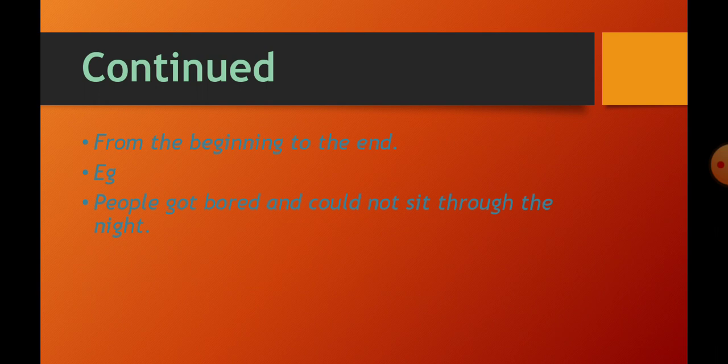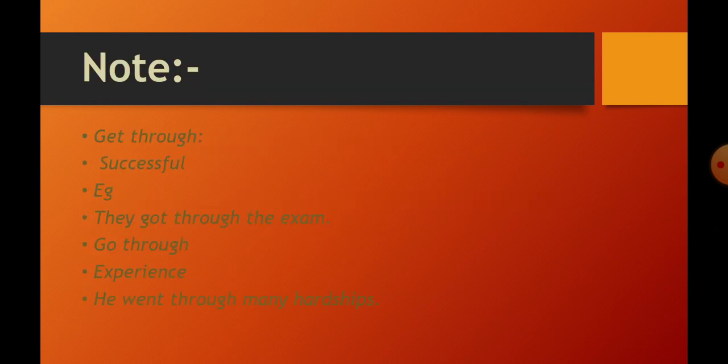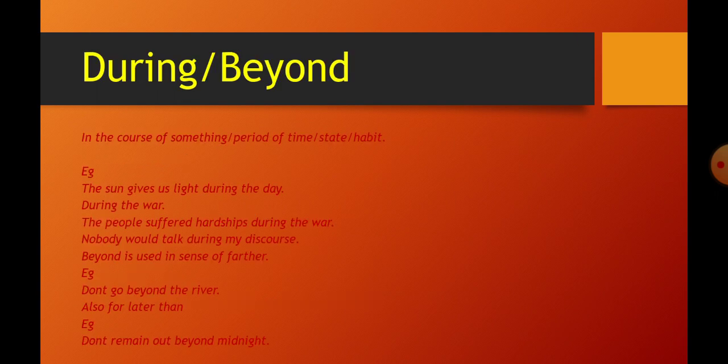Sit through, they could not tolerate it, stand it. Get through, successful. Example, they got through the exam. That means they cleared the exam. Go through, experience. He went through many hardships. That means he experienced many hardships in his life.